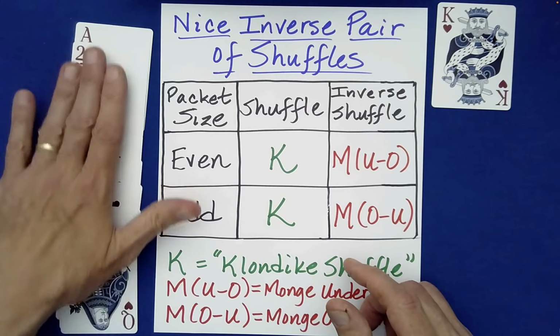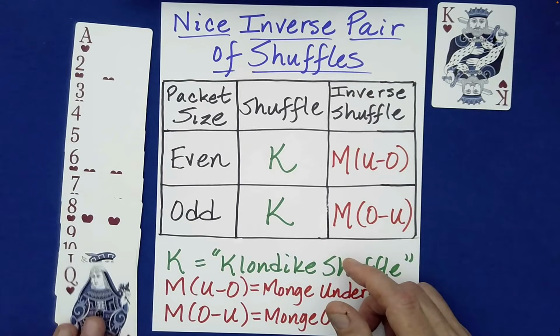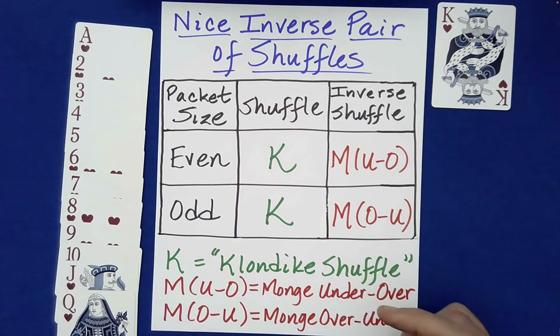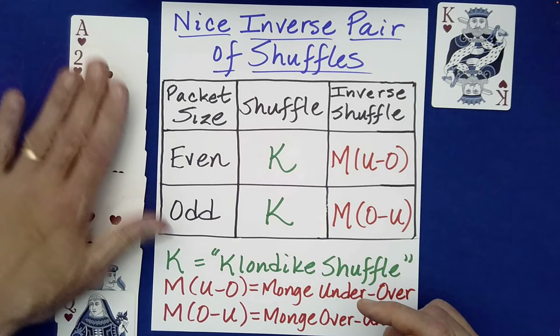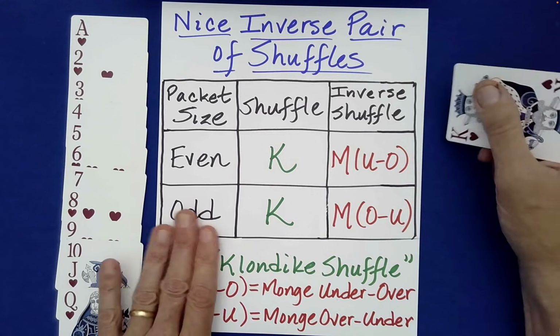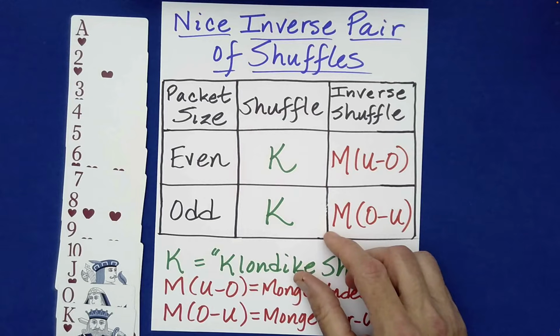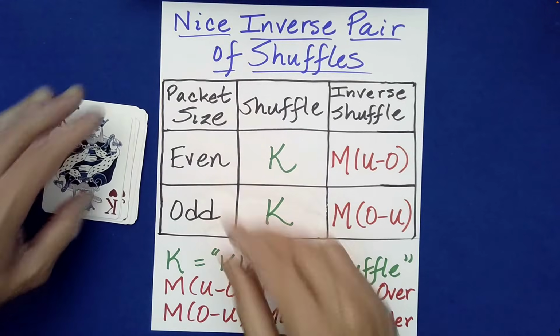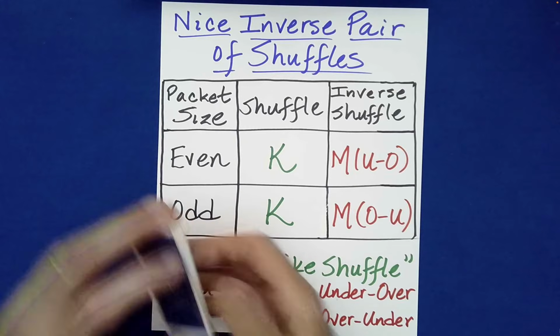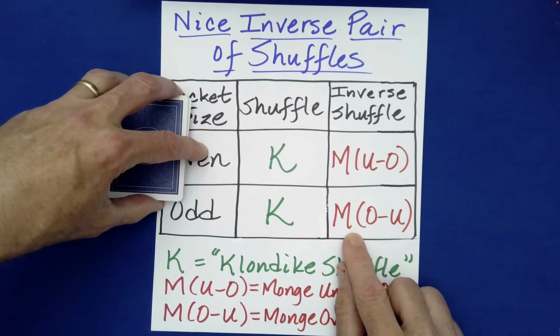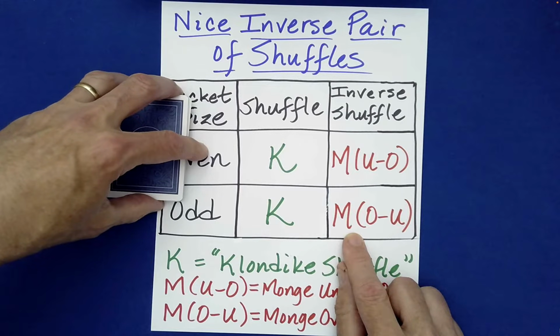Now it's a little bit different if it's an odd number of cards, but not that different. Probably easy enough to remember. For an odd number of cards, such as 13, which we now have if we add the king, the only difference is the Monge shuffle needs to be modified slightly.